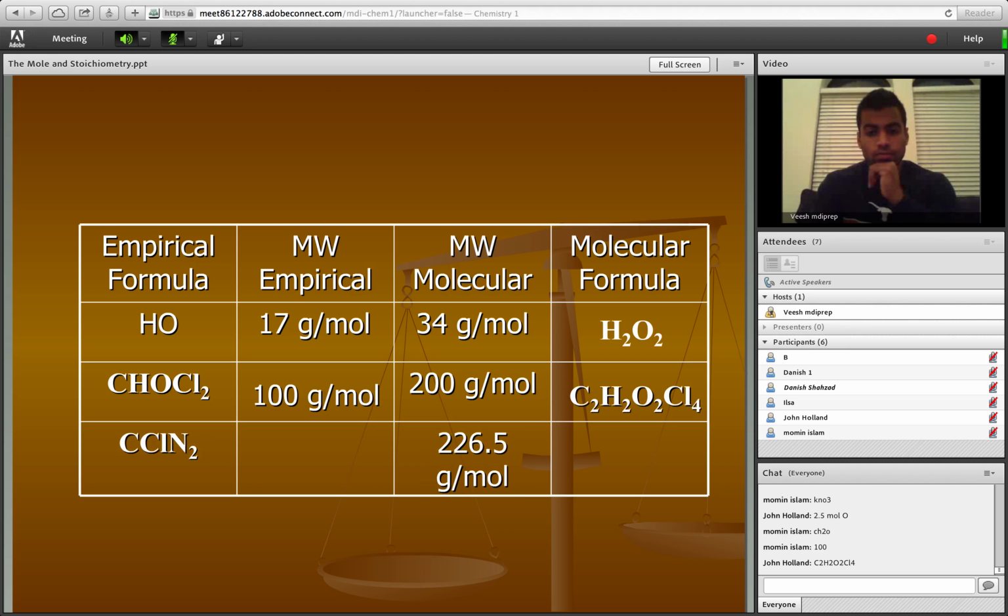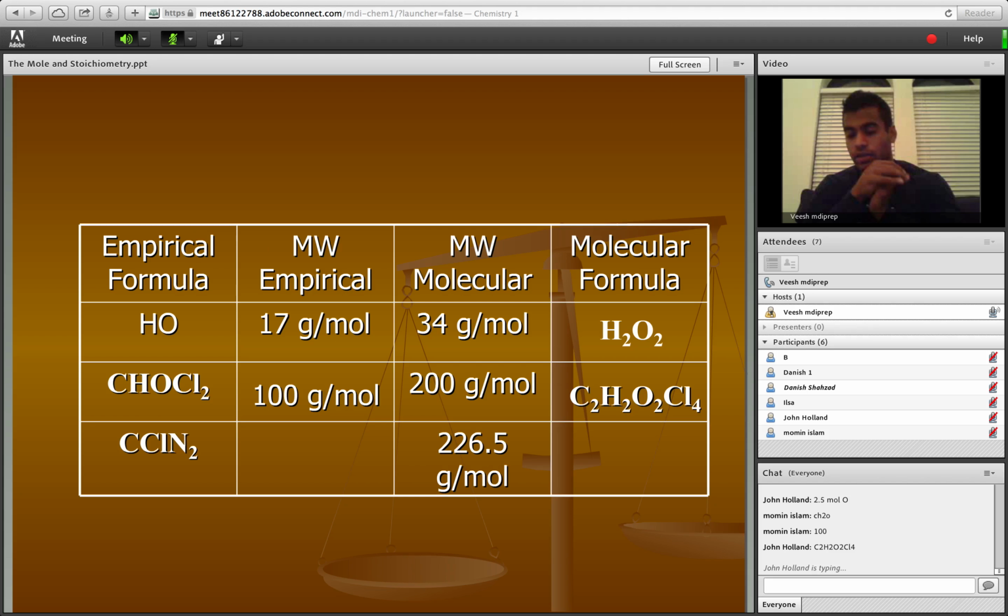All right, one more example of this stuff. Gave you a molecular formula, gave you an empirical formula. Somebody tell me the molecular weight and the molecular formula. That's CCl, not CCI.